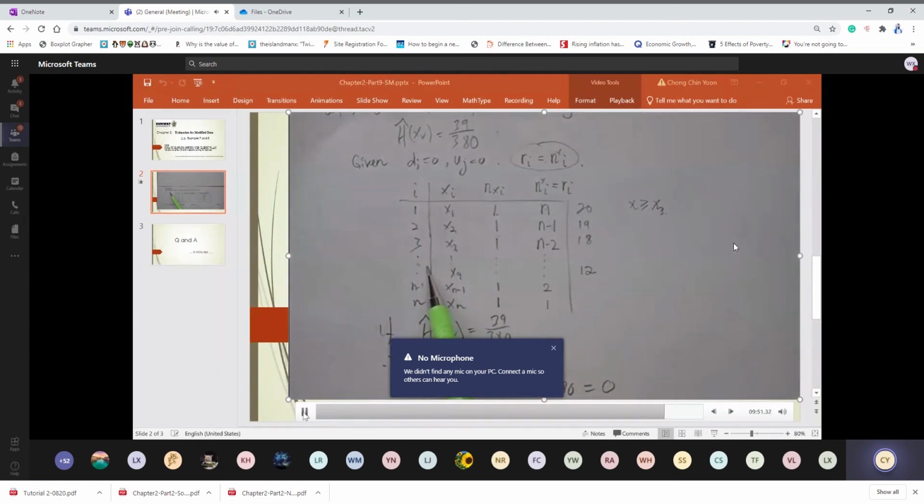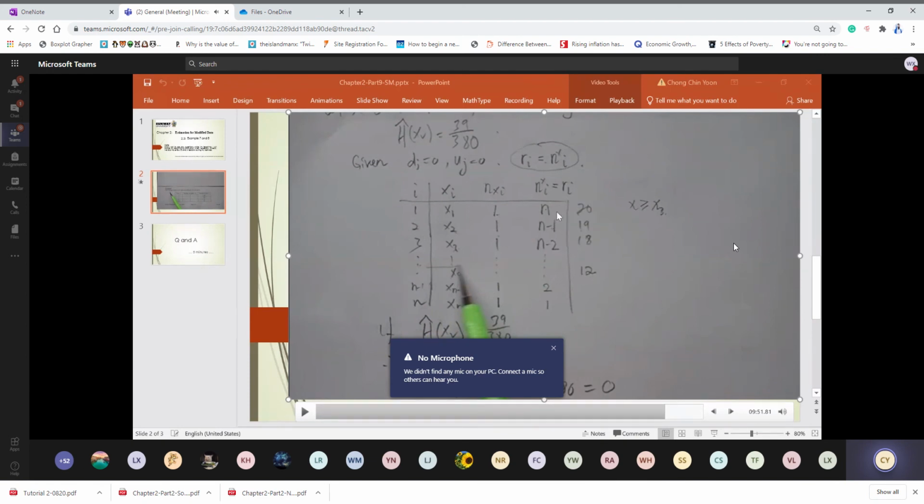So that means... Okay, so this is a trick question. In tutorial questions we also have something like that, so you have to trace. You can see, right? 20 plus 1 is 21, and 19 plus 2, 18 plus 3. So this must be 12 because 12 plus 9 must be 21.